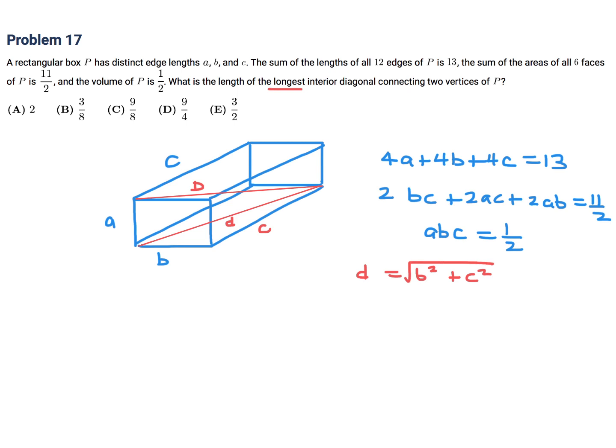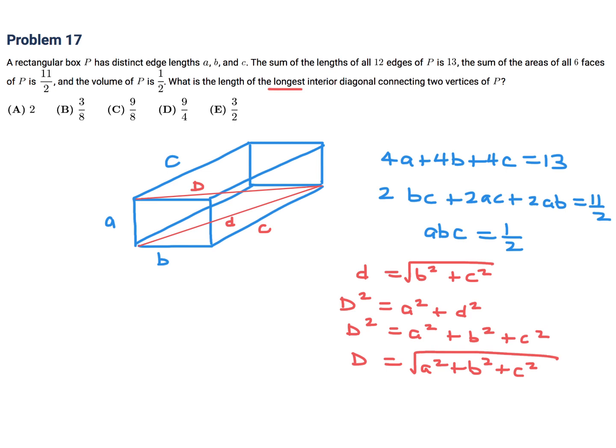And therefore the big D would be the square root of A squared plus d squared, so D squared would be A squared plus B squared plus C squared. Therefore D would be the square root of A squared plus B squared plus C squared.